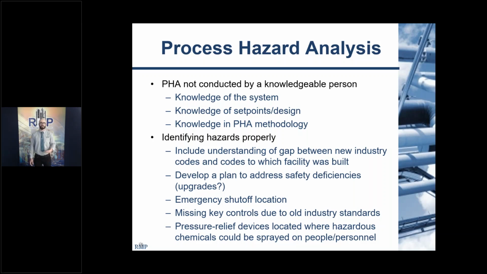So it's important to have operators, engineers, and any managers, anyone that is knowledgeable on the process at this meeting. That way, the most accurate information is obtained to reduce risk and to make sure that your facility is protected.